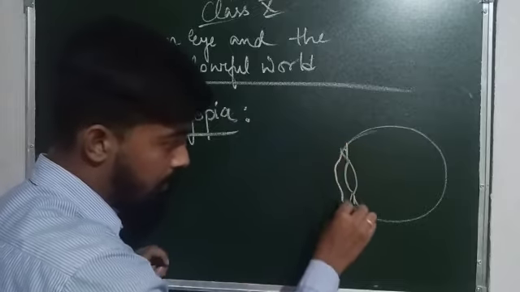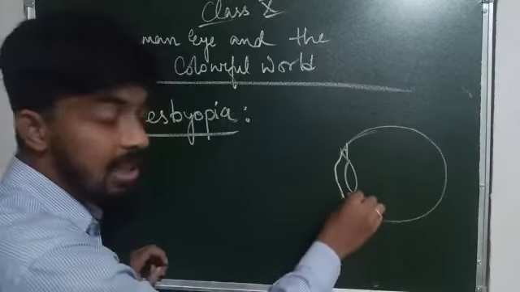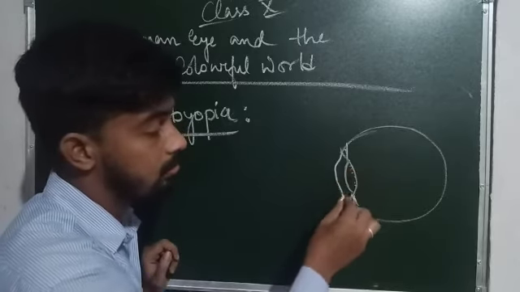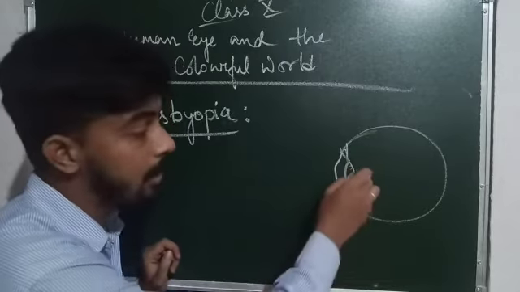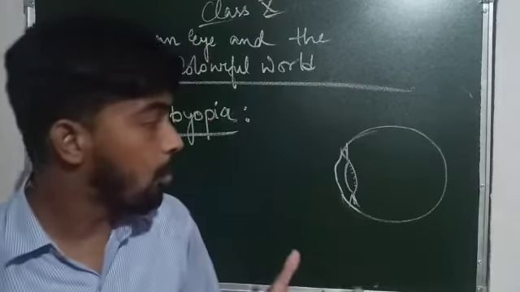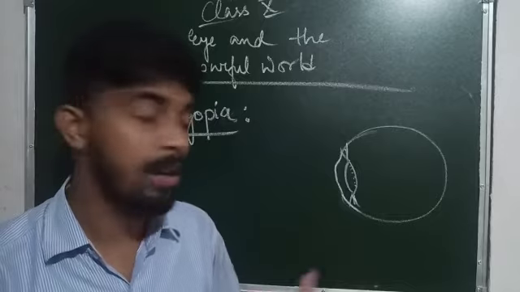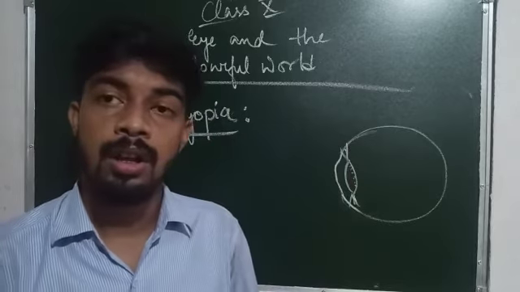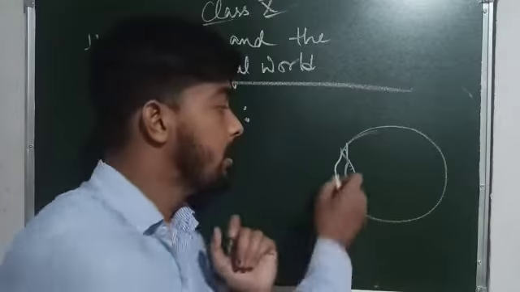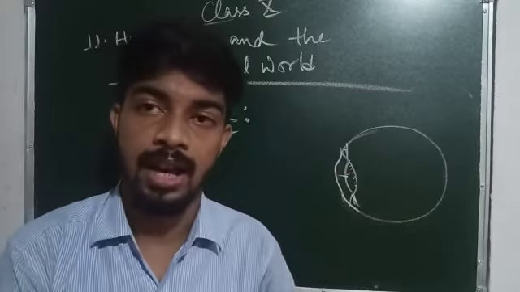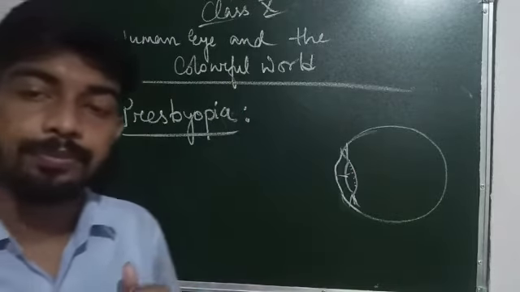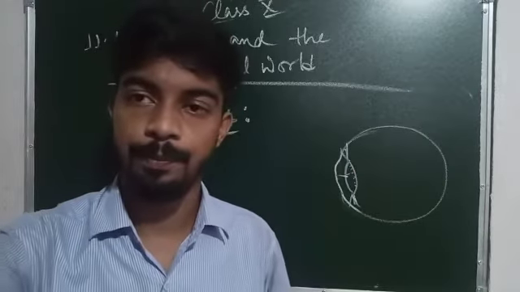Due to the weakening of ciliary muscles and the decreasing flexibility of the lens, the lens cannot focus the light rays properly, and the ciliary muscles cannot change the focal length of the crystalline lens present inside the eye. In that condition, the person suffers from presbyopia.